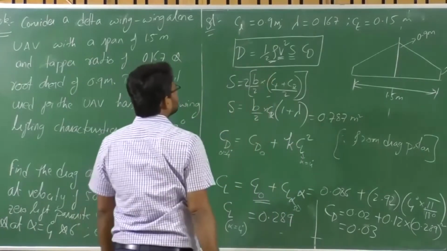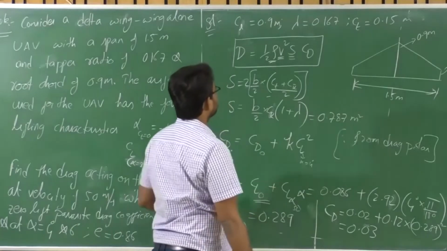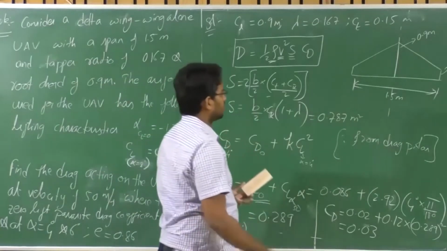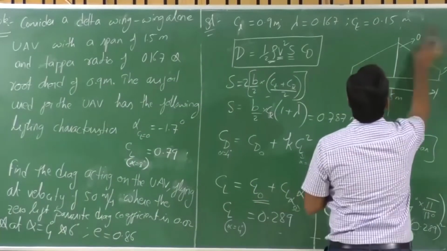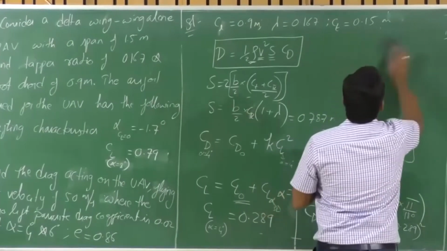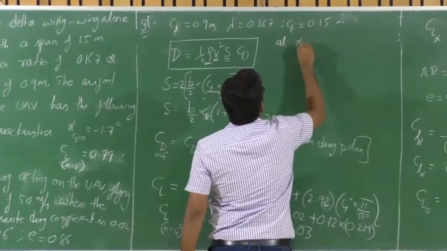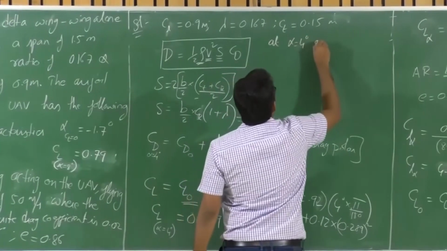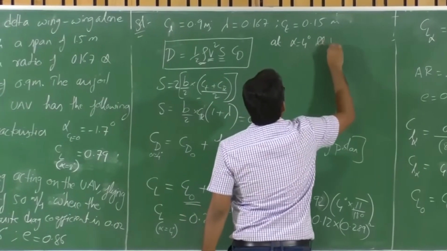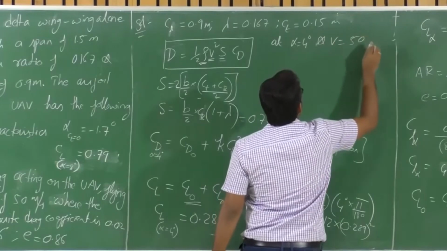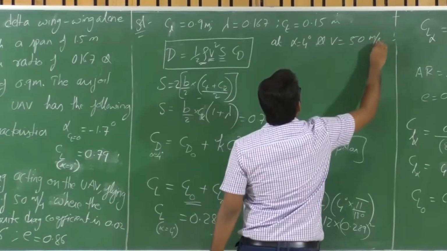What is the velocity here? 50 meters per second. If we substitute that, what is the value of drag acting on this UAV at alpha equals 4 degrees, when it is moving at 50 meters per second?